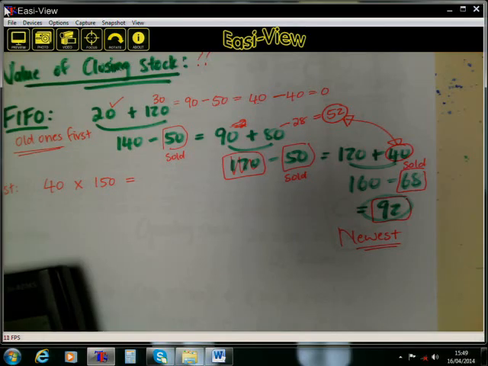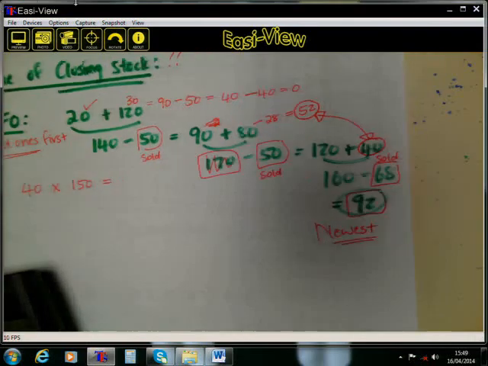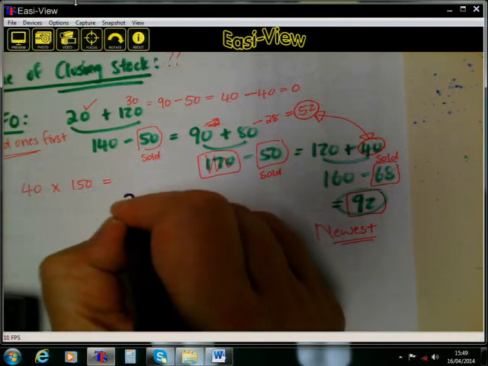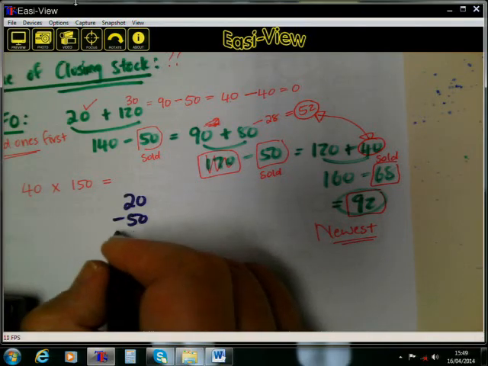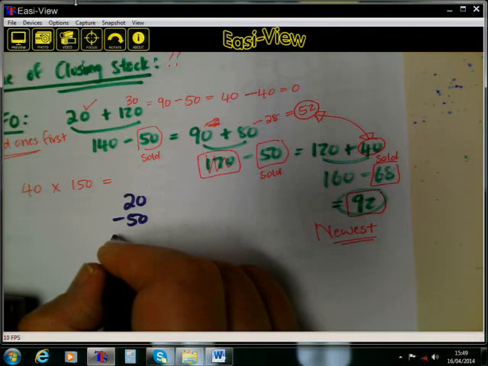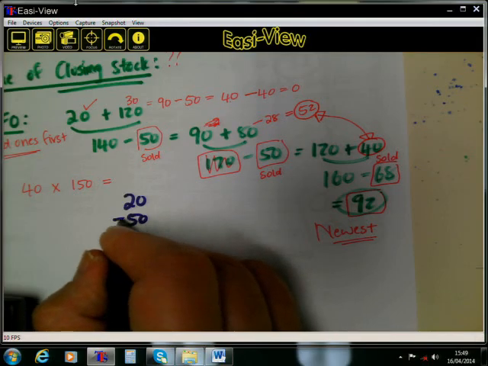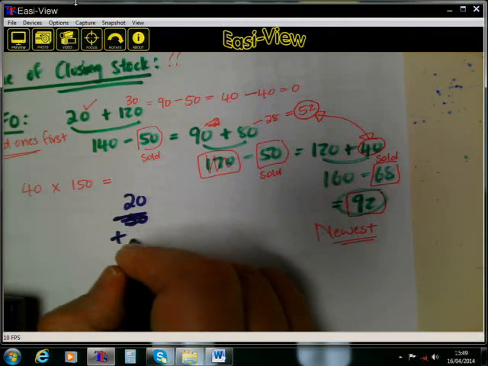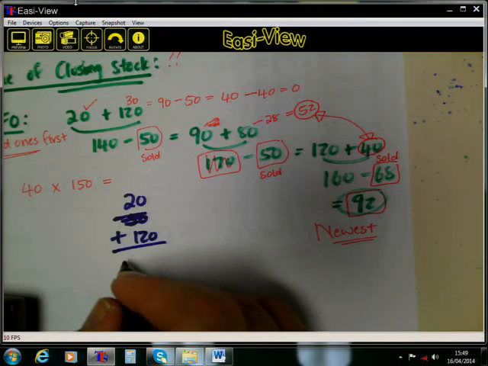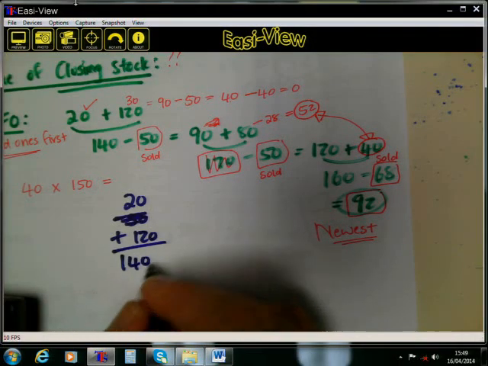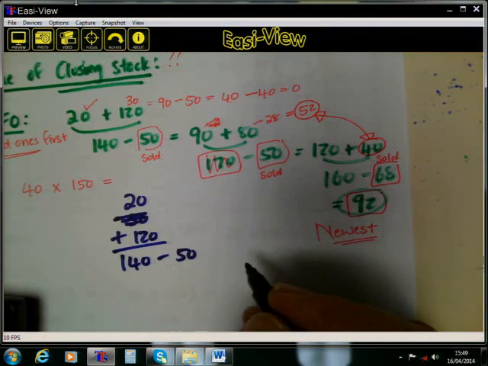Okay, I'm going to try once, only once. We've got 20, then we sold 50. We bought 120. Then we've got 140, and we sold 50.